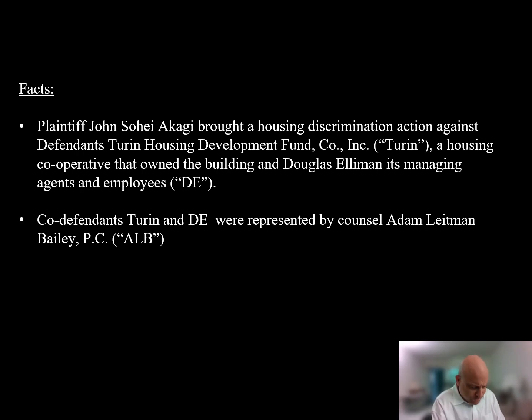And also, you may want to collaborate as defendants and help each other or help your lawyer defend the case. So there are a lot of reasons why defendants are going to retain the same counsel. Unfortunately, it can create very serious conflict problems, as we're going to see in this case.